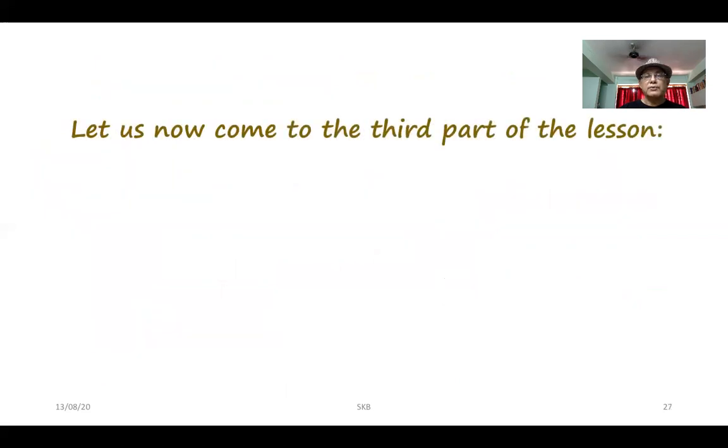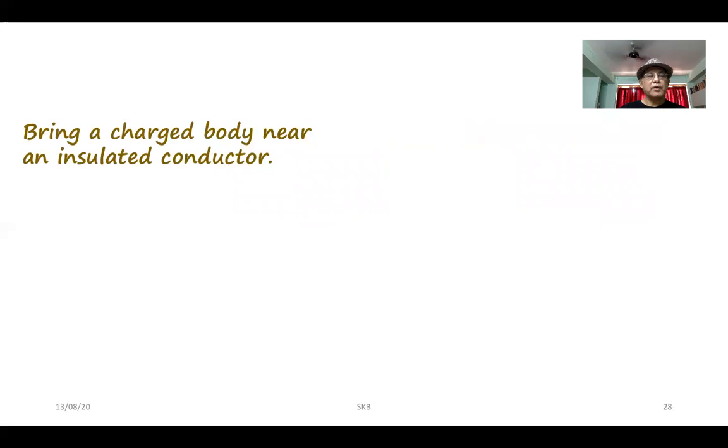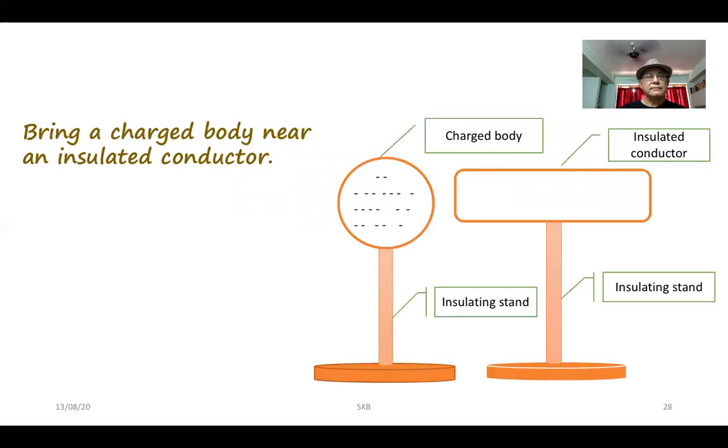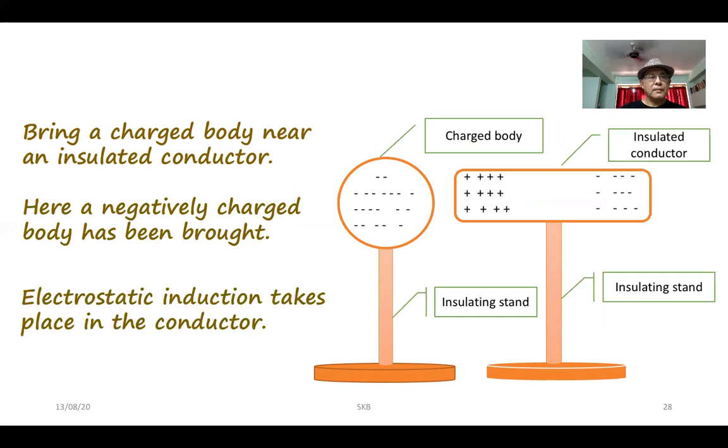Let us now come to the third part of the lesson, charging of conductors by induction. Bring a charged body near an insulated conductor. Here a negatively charged body has been brought. Electrostatic induction takes place in the conductor.